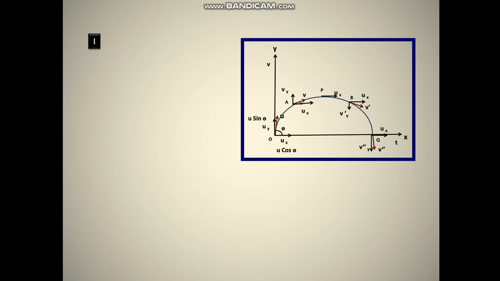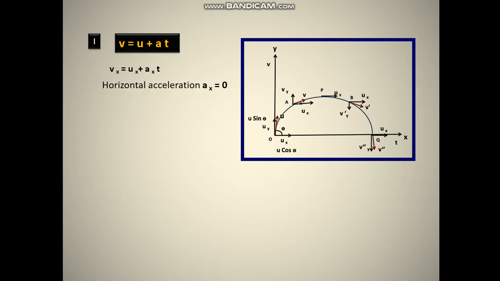So let us talk about the first kinematical equation to find the velocity v. So v is equal to u plus at, the first kinematical equation. Along the x-axis, vx is equal to ux plus ax into t. We know the horizontal acceleration ax is equal to 0.